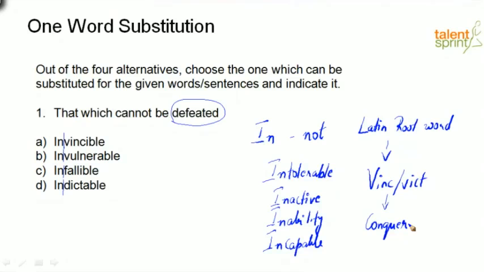If I'm familiar with this root word, vinc or vict, which means conquer, then what I'm saying is not, you cannot conquer this person. Invincible, cannot be defeated. Another synonym for conquer is to defeat, right? So, have we arrived at the answer? That which cannot be defeated: invincible.